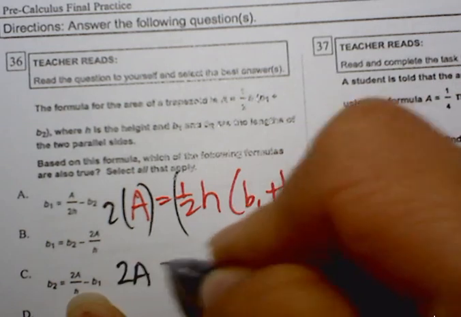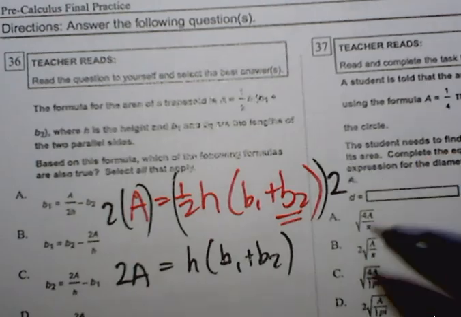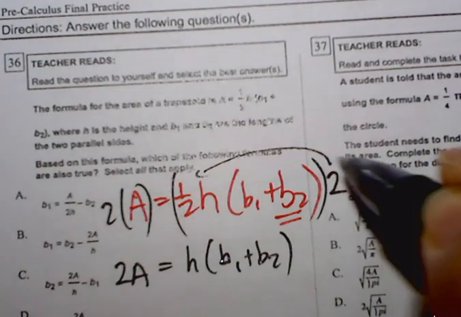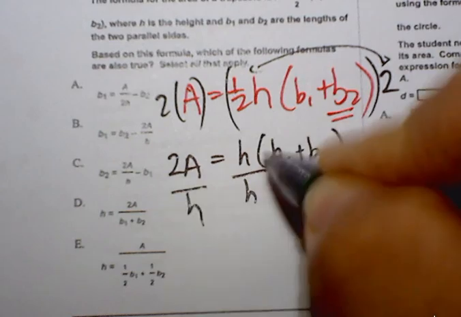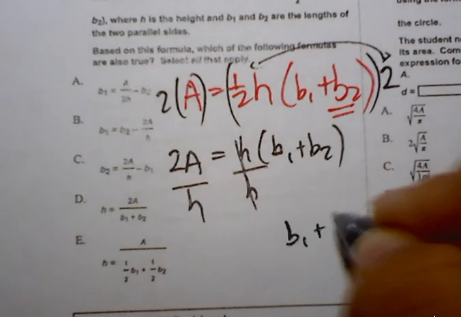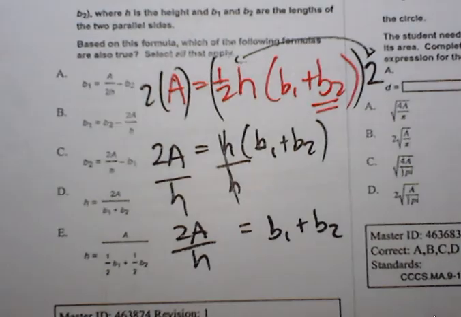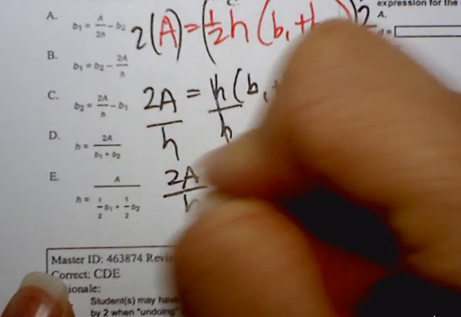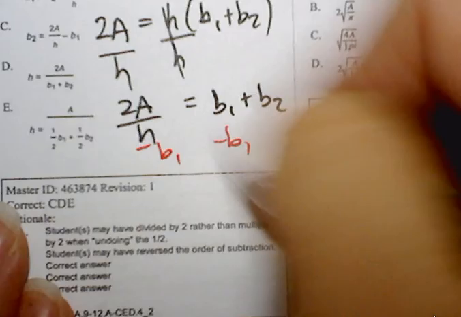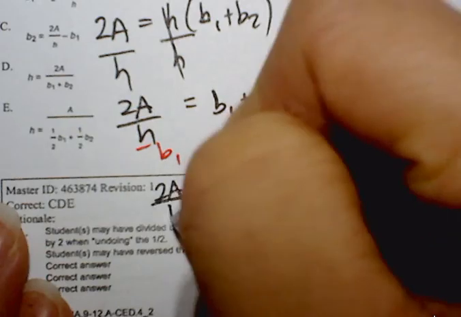Because the 2 and the 1/2, they cancel out. I have to divide by h. Okay, so b1 plus b2 equals 2a over h. I want to get b2 by itself, right? So what should I do? Subtract b1 on both sides. Man, I should put this problem on the test. It's so cool. So b2 equals 2a over h minus b1. That's easy, right? So the answer is?